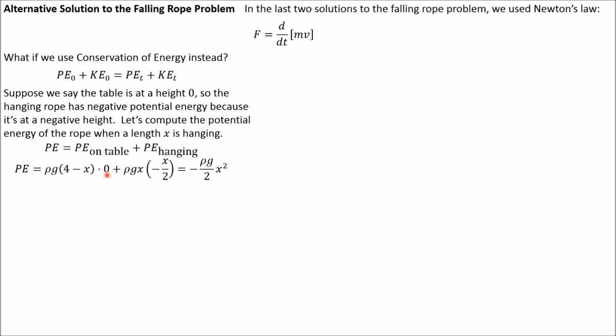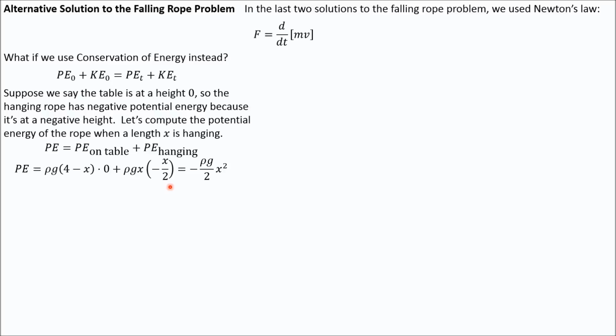But we declared that the table was at height 0. So the potential energy of the rope on the table is just all this times 0. The rope hanging, however, has a mass of rho g x, and its height, or its average height, is negative x over 2.